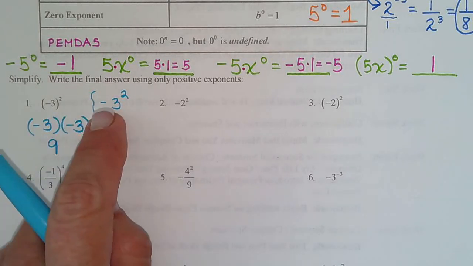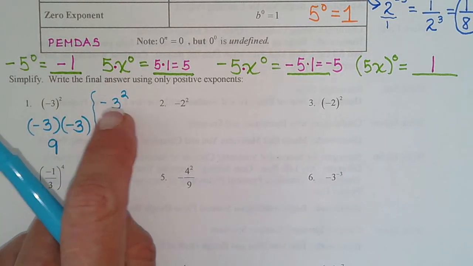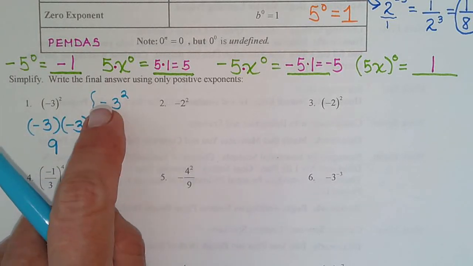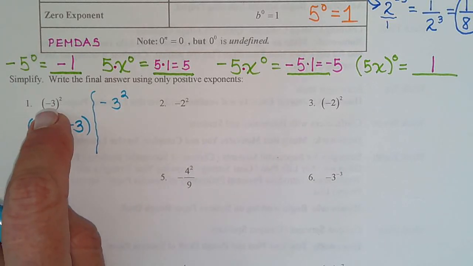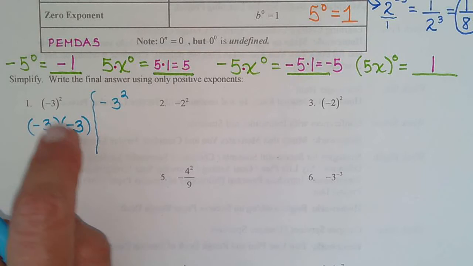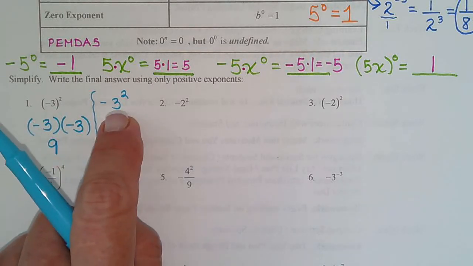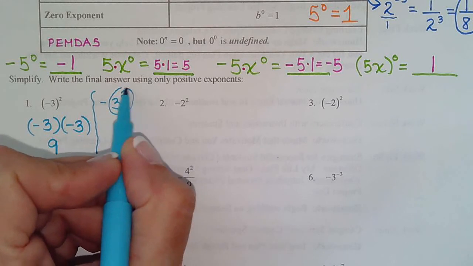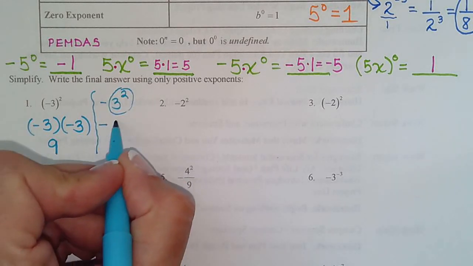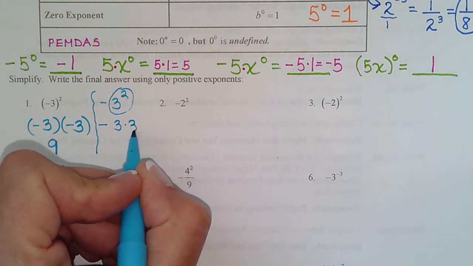It's read the opposite of 3 squared. So the negative is not used twice like it was here, because this was in parentheses. So this means 2 negatives and 2 3s. This one, the 2 only goes with the 3. So this is what this problem expands as.